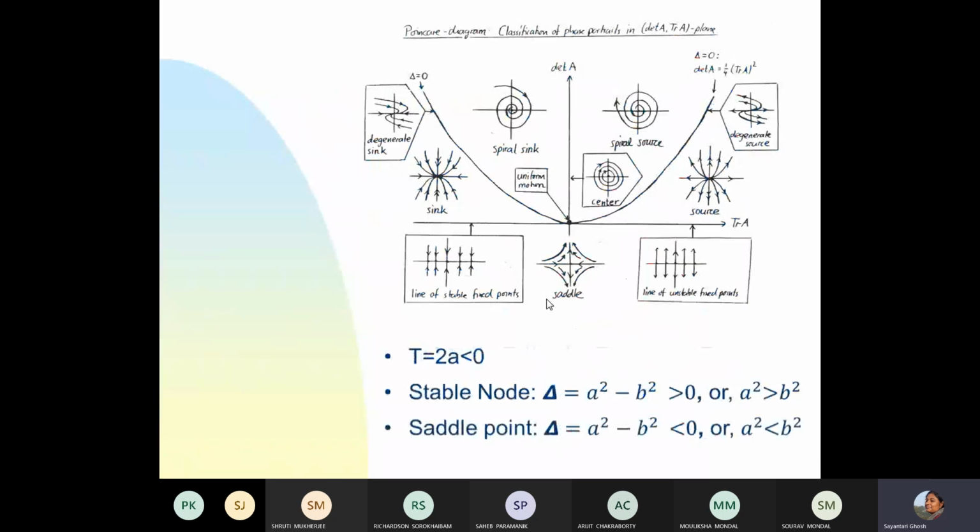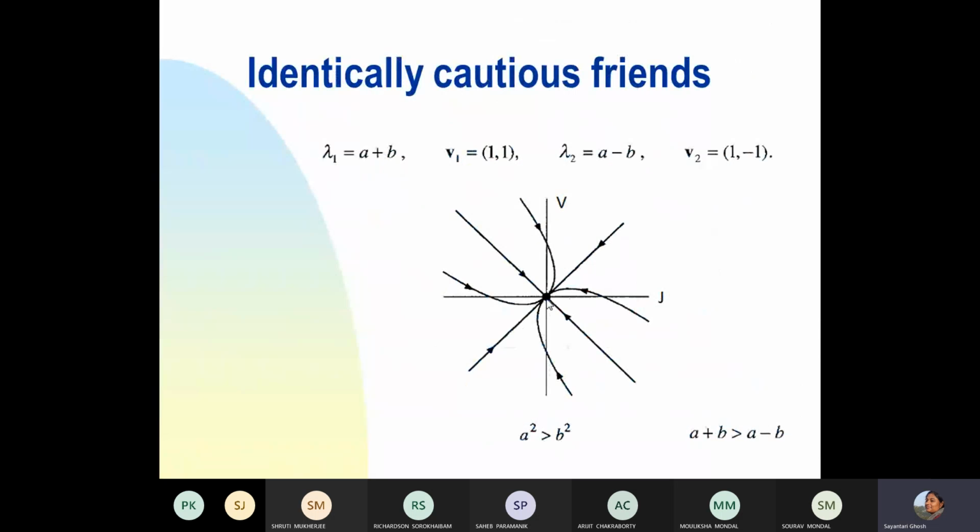If A square is greater than B square, his own feelings are more dominating than his response to the other person, so it must go to a direction where you completely forget that friend, and you become like two strangers in the long time limit.